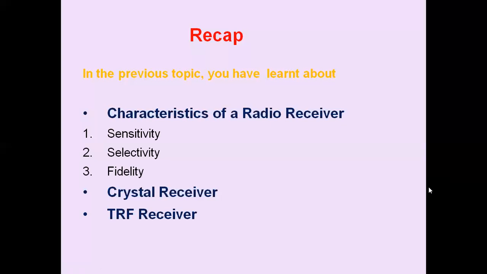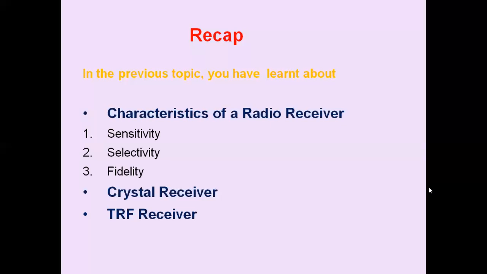This increases the magnitude of the signal and hence improves the sensitivity of the receiver. The amplified signal is fed to the detector and finally applied to the audio amplifier and power amplifier to raise the signal voltage level and power level of the message signal. The message signal after power amplification is fed to the loudspeaker to get back the original message.